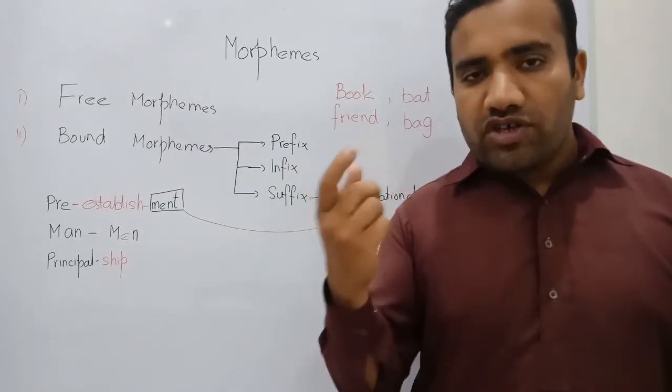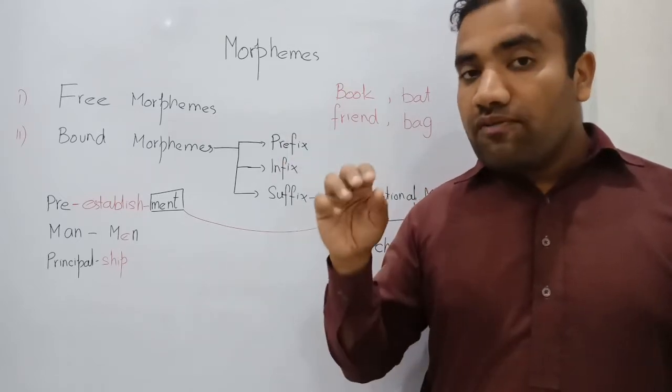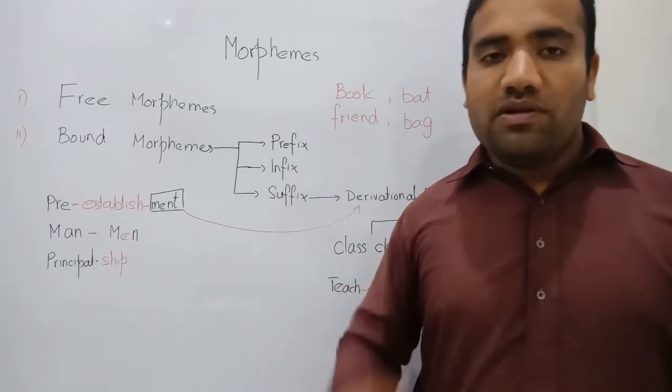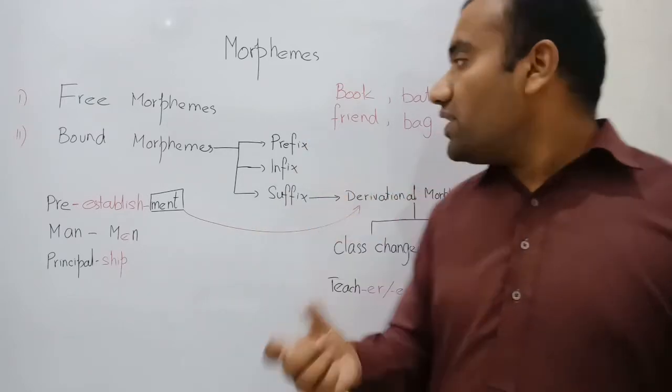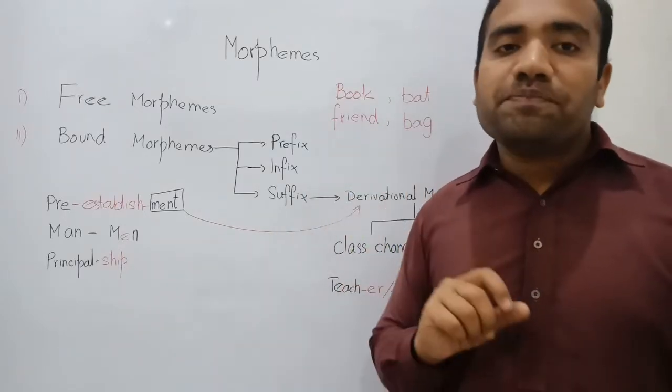One, the prefixation that we can attach at the beginning of the word. And if we attach the morpheme at the beginning of the word, we can generate a new word. And this word gives us the new meaning. And if we say unfriend, un gives us negative meaning.